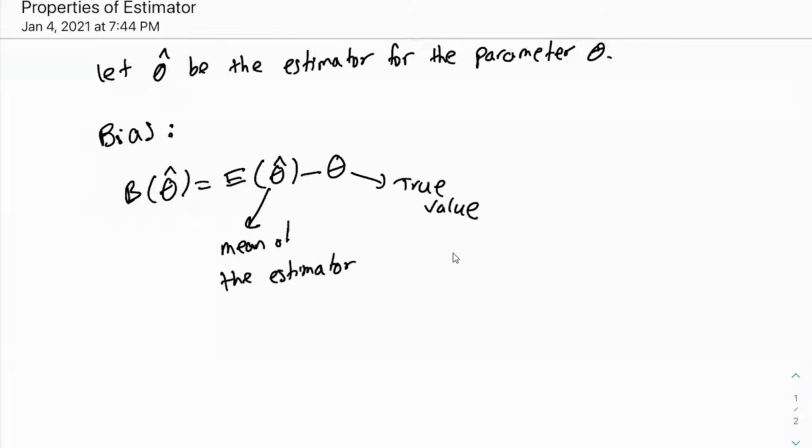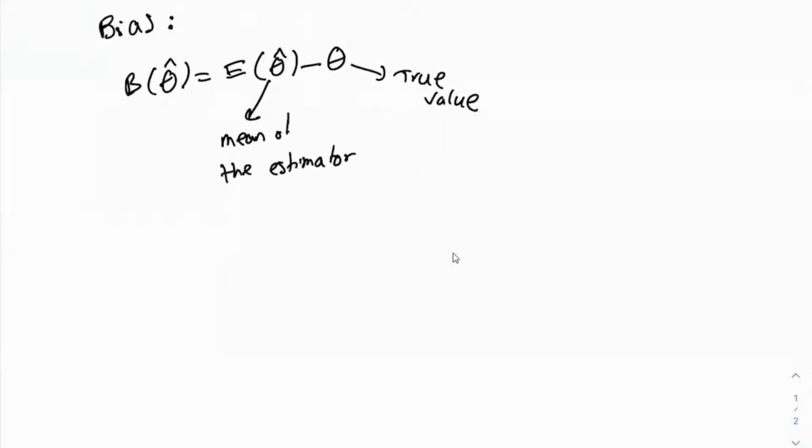Now you might want to ask, why expected value? Remember that theta hat can be a random variable. If theta hat is a random variable, then it has an expected value. Okay, so this is called the bias.